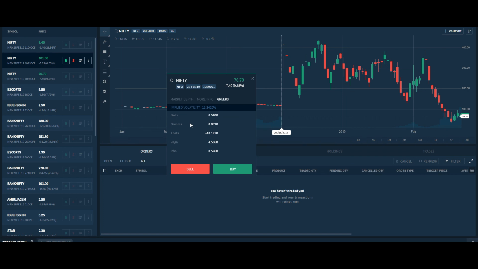Theta is your time decay on the options we are buying or selling. And Vega measures the volatility and the impact of that volatility on your premium. So these are the four important parts.